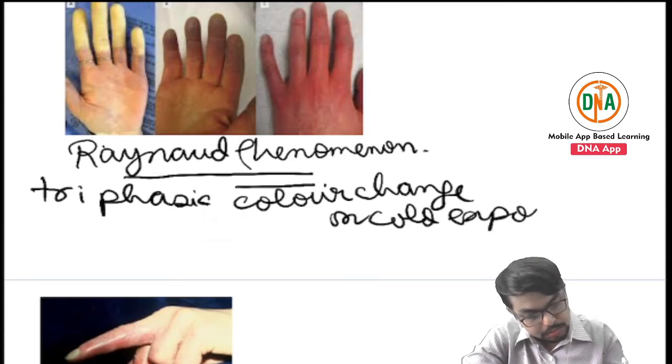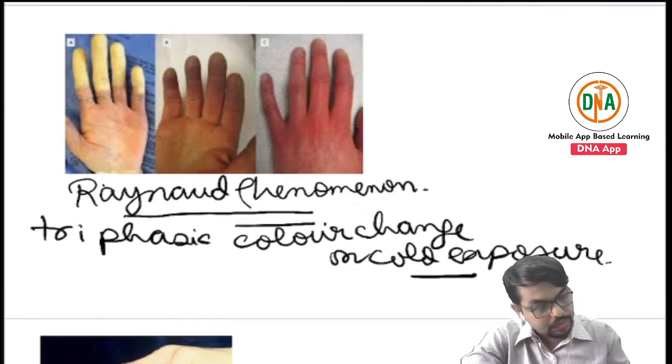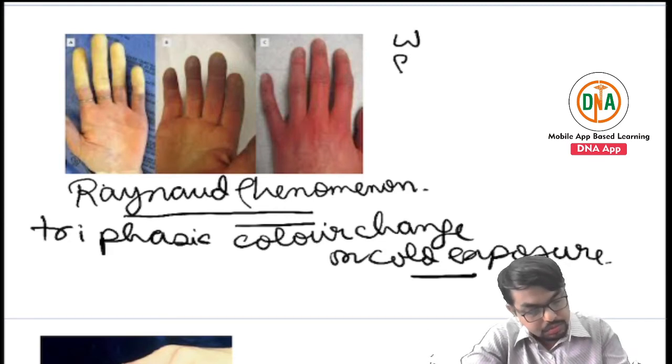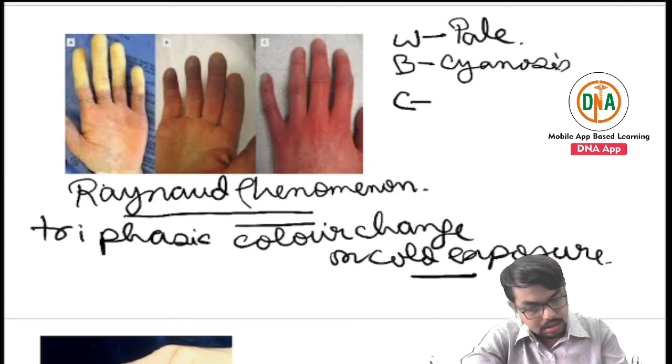What are the colors? We remember in this manner: WBC. First there is white or pale. Second blue or cyanosis, third red or rubor, erythema.